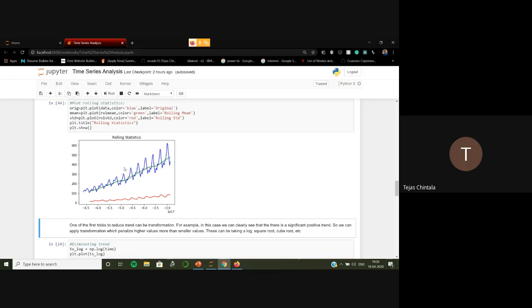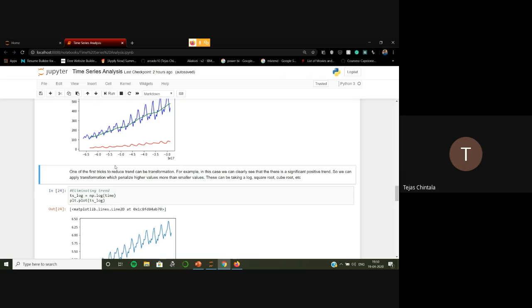Stationarity is affected by two factors: the trend and seasonality. Here we can see that there's a trend, and that's why the time series is not stationary. There are many tricks to reduce a trend, one of which is transformation.